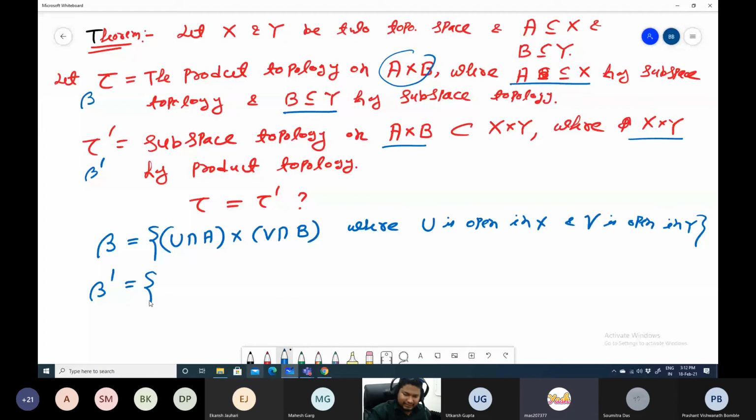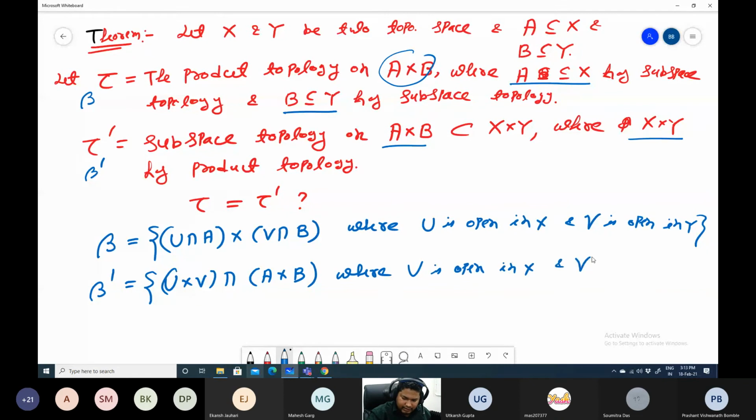We can just take U cross V intersection A cross B, where U is open in X and V is open in Y. Now see that these two are actually the same.